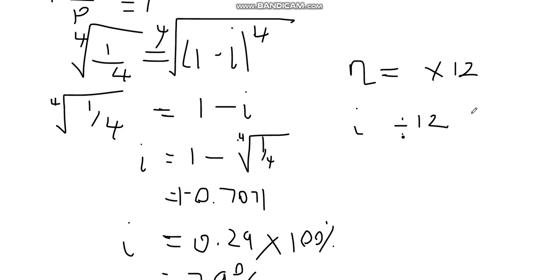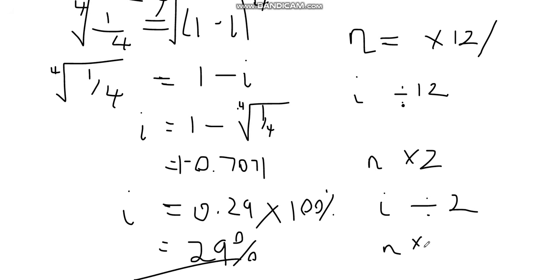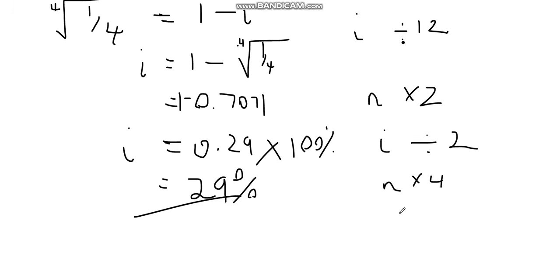If they say semi-annually, that means you multiply n, maybe it's 4 years or 5 years, by 2, because it happens 2 times, and for the interest rate you are supposed to divide by 2. If they say quarterly, that means n is multiplied by 4, and the interest rate is going to be i divided by 4. So always take note of this, guys: what you multiply on the period, you are supposed to divide on the interest rate. That is very, very important to note.